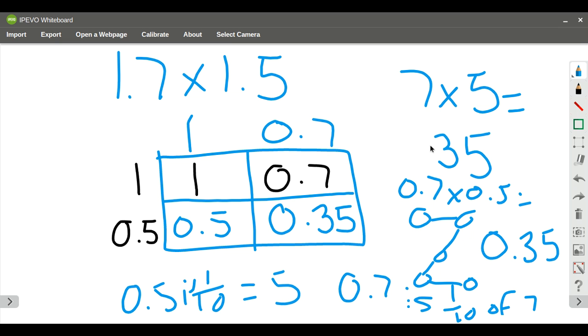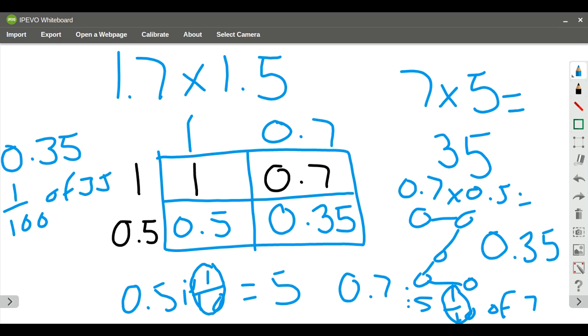And so because I have a 1 tenth and a 1 tenth, 35 hundredths is going to be 1/100th of 35, because 10 times 10 is 100. Okay, so I'm not done with the problem.